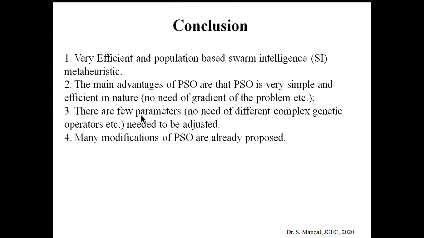For the genetic algorithm, there are lots of different operators for crossover, selection or mutation, but here there are fewer operators, so fewer parameters need to be tuned properly to get a better result. For this reason, PSO is very widely used. Moreover, many modifications of PSO have already been proposed, and many researchers are also trying to improve the efficiency and accuracy of PSO right now.